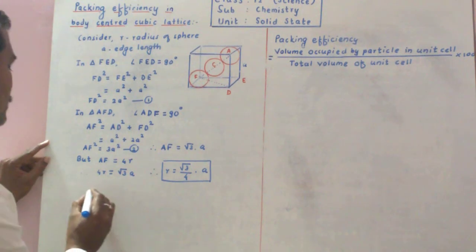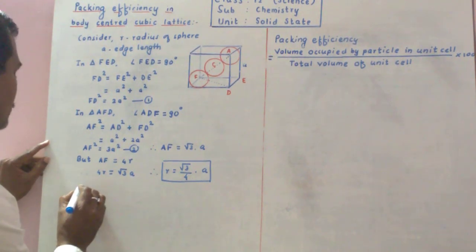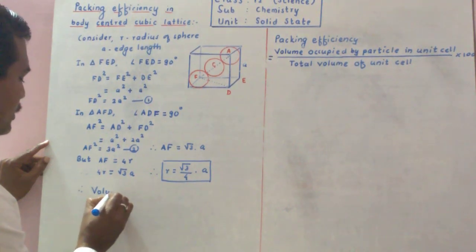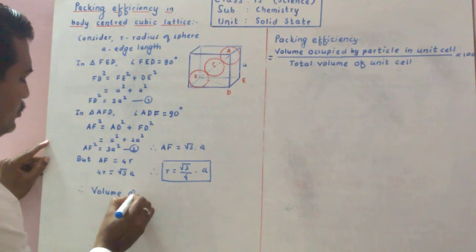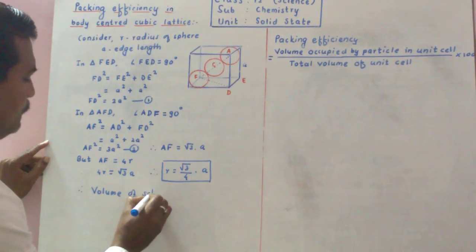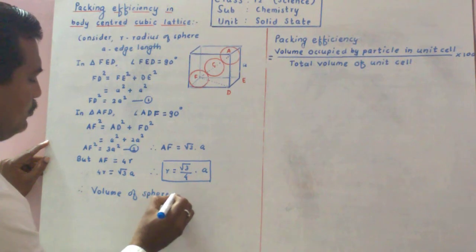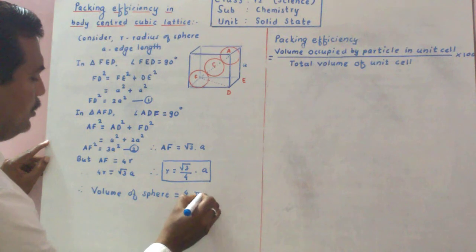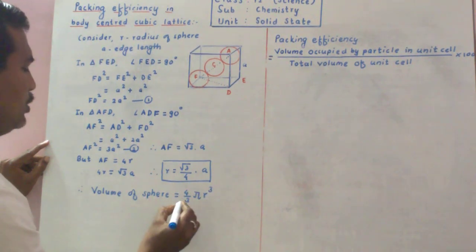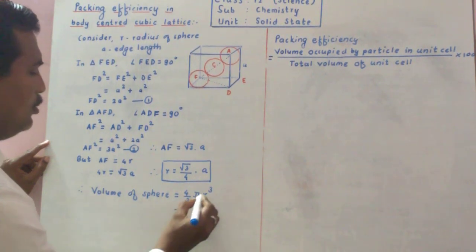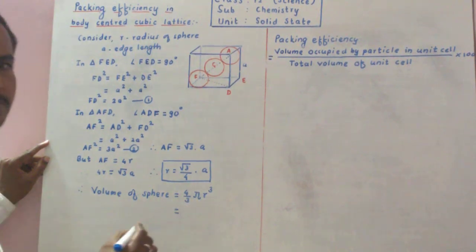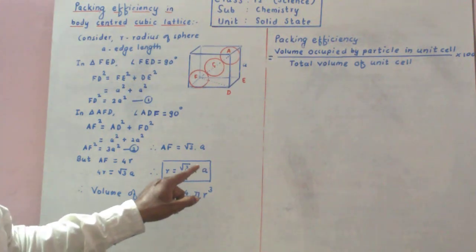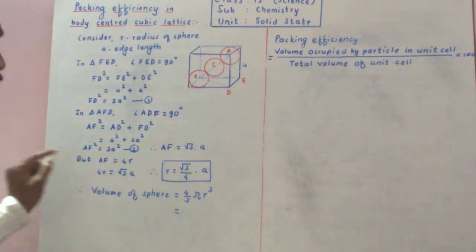Now the volume of sphere, we know the volume of sphere formula is 4 by 3 pi R cube. So put here the value of R, radius of particle, in terms of a.